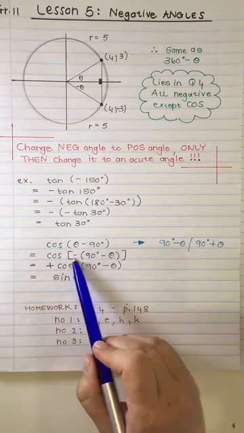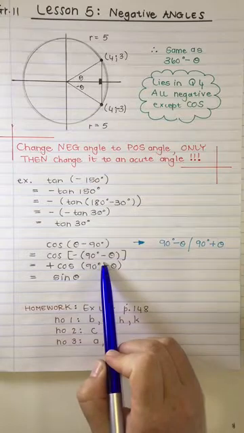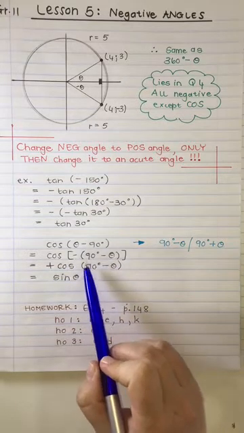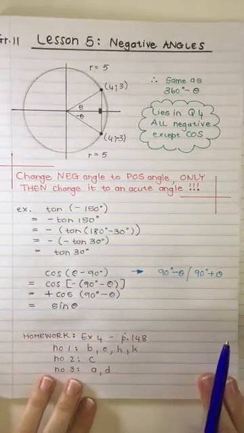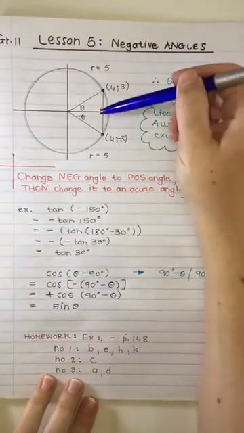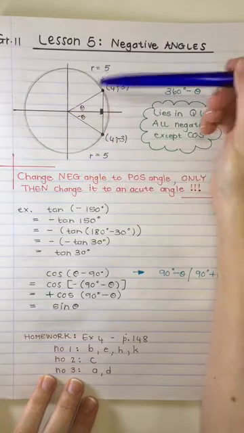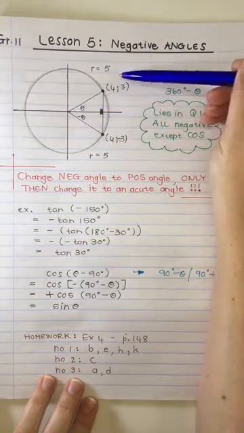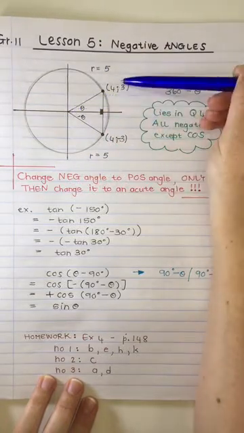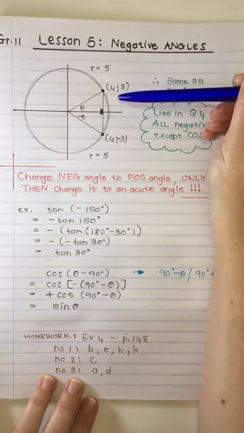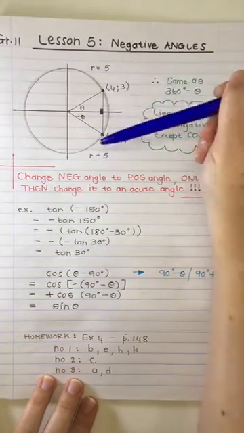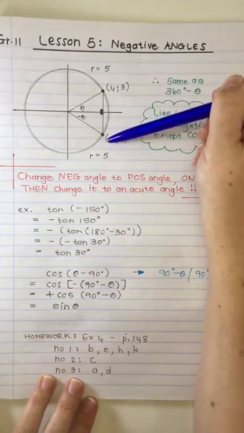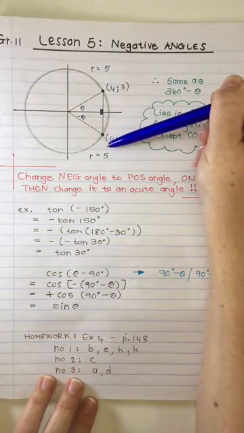Here we can see that we are working with a negative angle, so we are working with negative 90 minus theta. Again, when we work with negative angles, we go clockwise. So if 90 minus theta falls in this quadrant, then the negative of that angle will fall into this quadrant, because it's a negative angle.